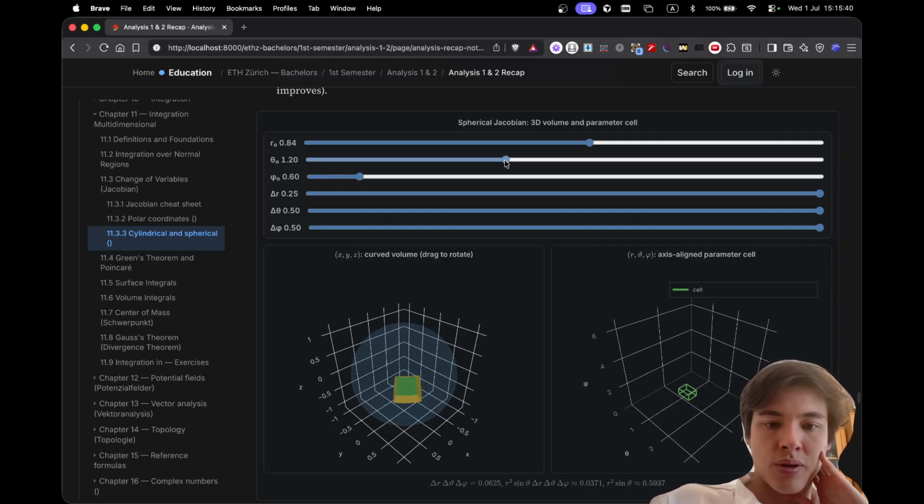But if we move up and down, we see we have a different area, so that's why we need the sine. And of course the distance, the R, matters.